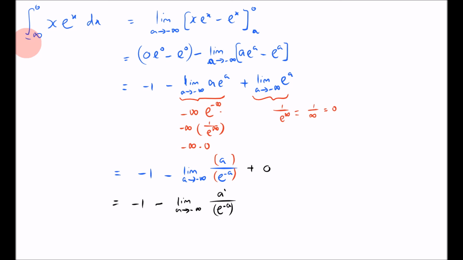Now a prime is 1, over e to the a again, so minus minus will give you plus.